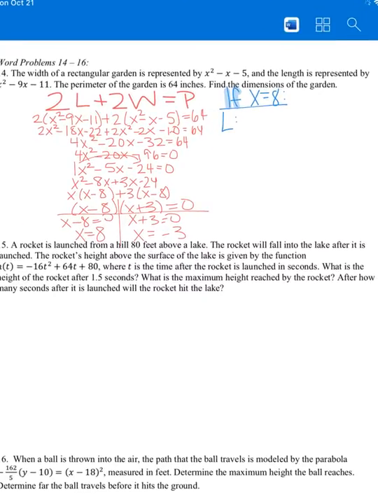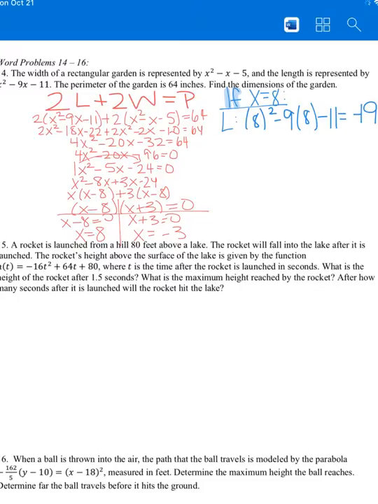would be, again, the length is x squared minus 9x minus 11. So x squared minus 9x minus 11. That would give me that the length would be equal to negative 19. Now, that's a problem. You cannot have a negative length, right?